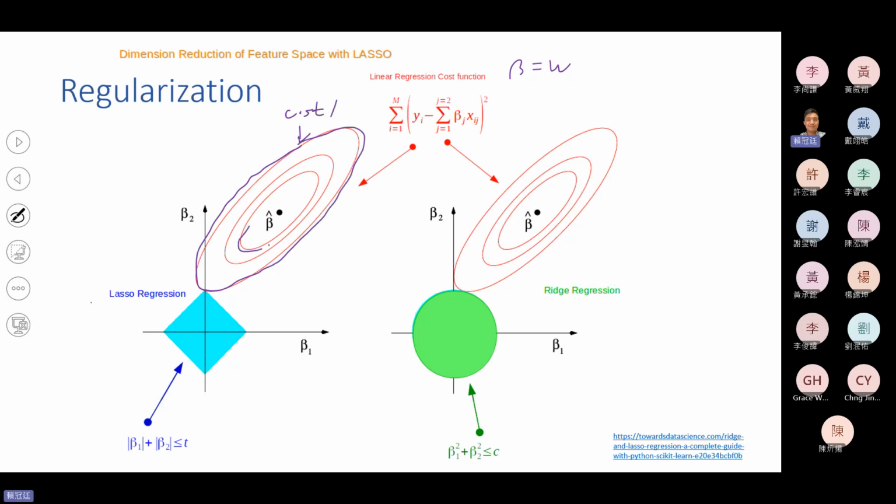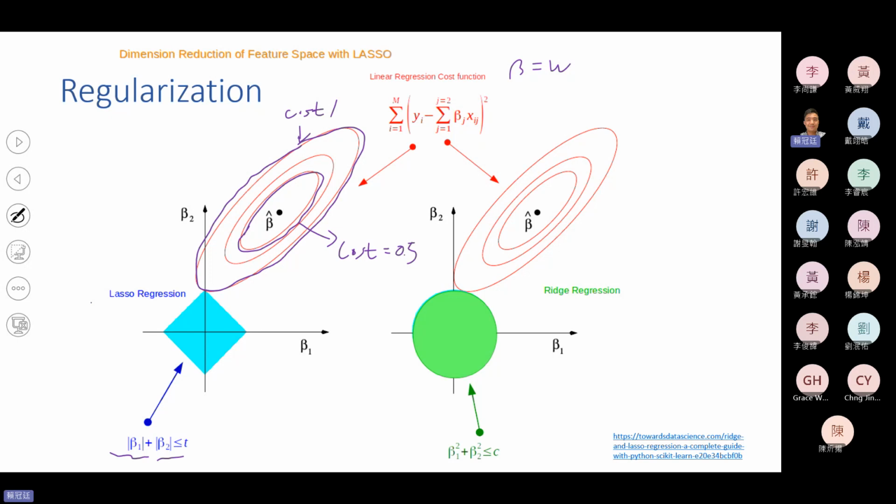And this circle will have the cost maybe 0.5. Suppose different circles have different costs, but all the points on the circle have the same cost. If we add some regularization, we will try to add this term to our objective function.